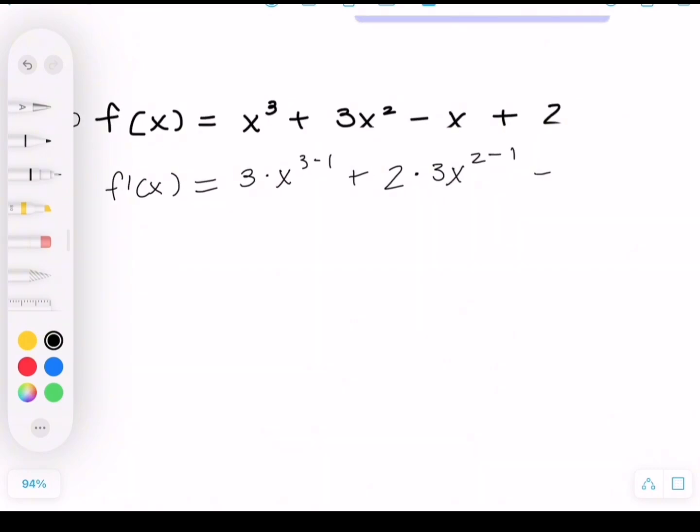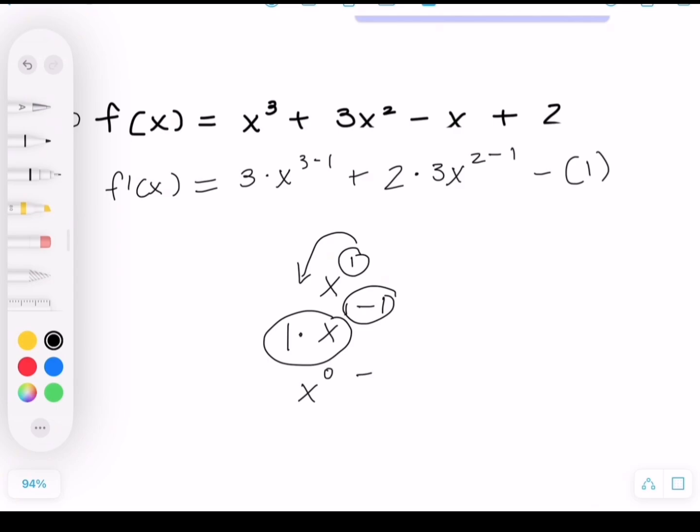Then for x here, if you have an x, it's automatically equal to 1. Since you'll be having x raised to the power of 1 over here, then we multiply 1 to the given, then subtract the exponent by 1. So of course that will still give you x. Then x raised to 0 is 1.